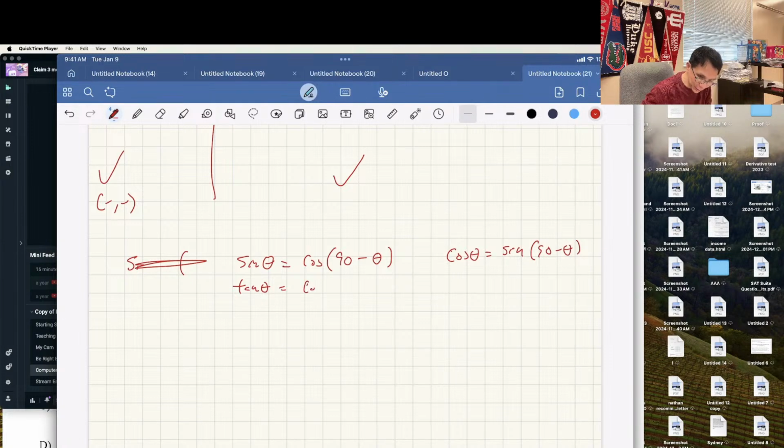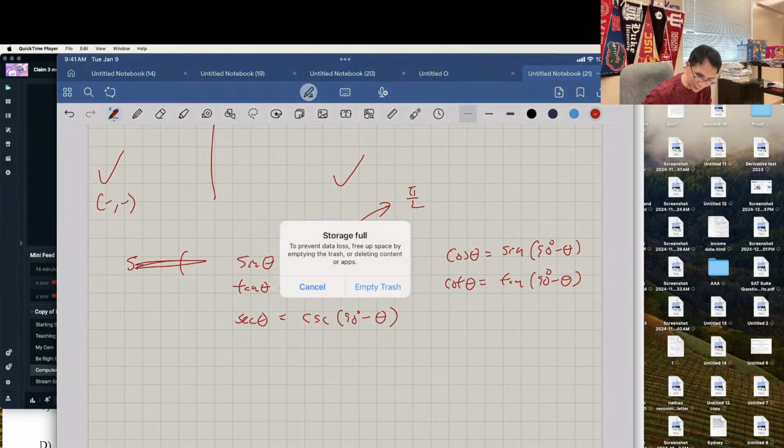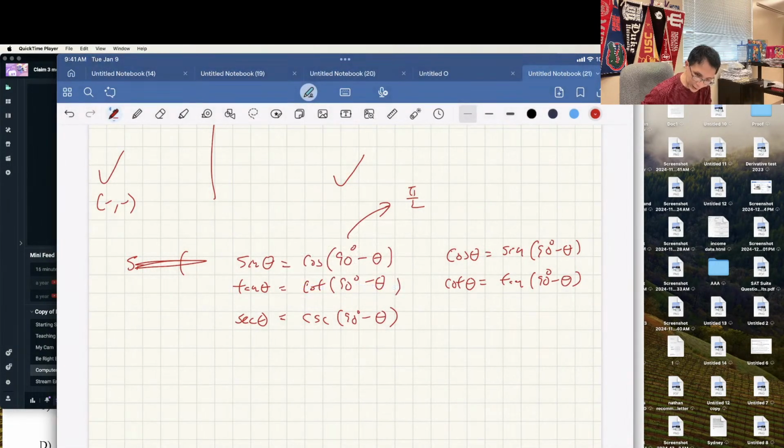Tangent theta is equal to cotangent of 90 minus theta. And cotangent of theta is equal to tangent of 90 minus theta. This is all in degrees, so the 90 degrees can be pi over 2 as well, but on the SAT it's going to be 90. Secant theta is equal to cosecant of 90 minus theta. And cosecant theta is equal to secant of 90 minus theta.